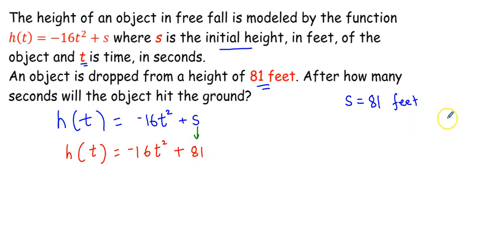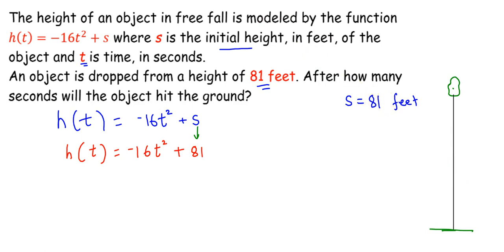That is, you are dropping an object from this height. Let us say this is the ground level here, and from the top, from this point, an object is dropped, and this whole height is how much? This is 81 feet, right?